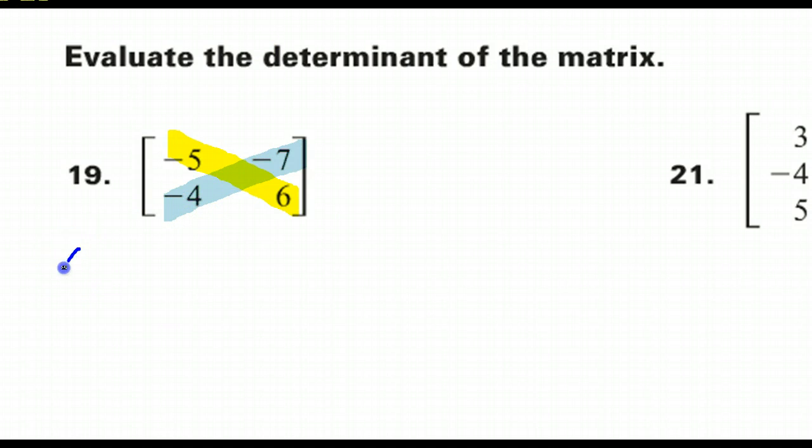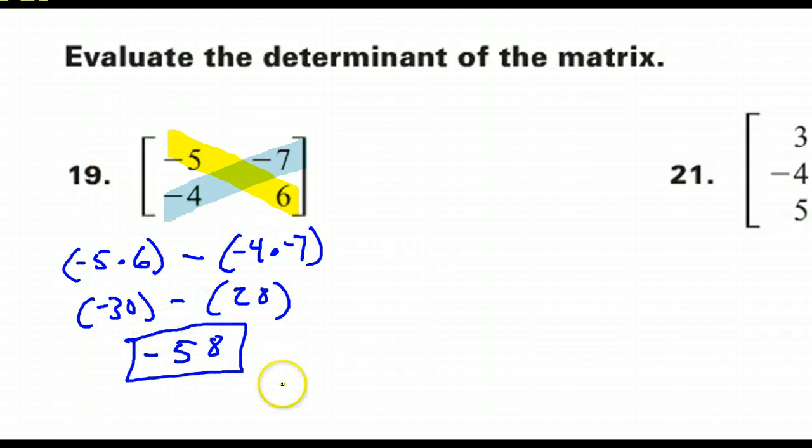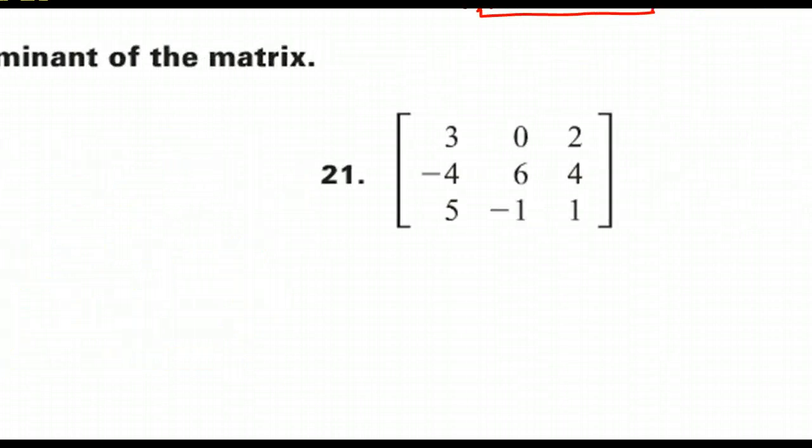So I'm doing -5 times 6, that's the down diagonal, minus -4 times -7. So that is -30 minus 28, which is -58. That's the determinant for number 19.